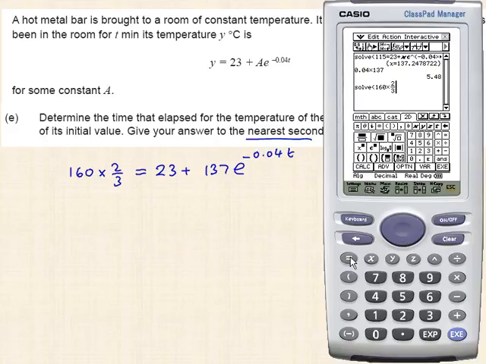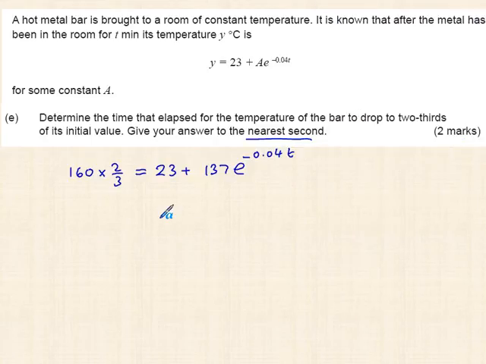That's going to be equal to 23 plus, let's use the more accurate version of this, let's drag it down here and multiply that by e to the negative 0.04 times x. And we'll solve for that, and that gives me 12.3736.